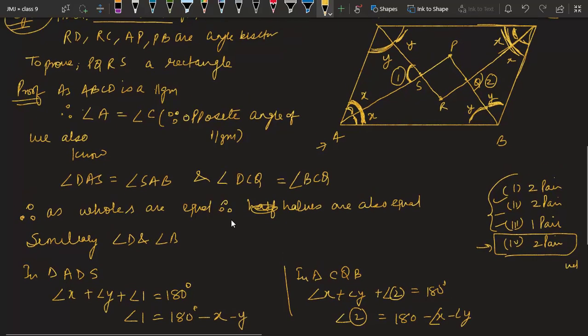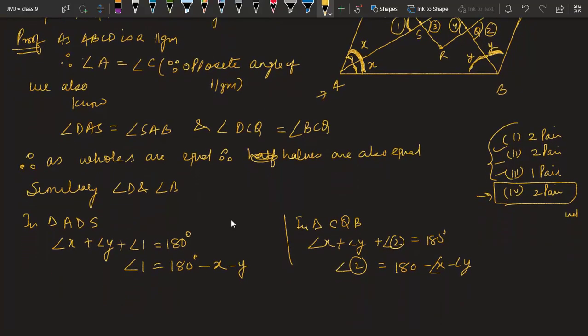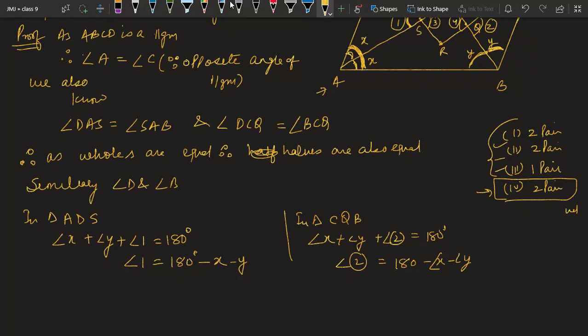Now we know these angles are equal because of the property known as vertically opposite angles. So from this we can say angle 3 is equal to angle 1 because vertically opposite angles, and from here we can say angle 4 is equal to angle 2 because vertically opposite angles.